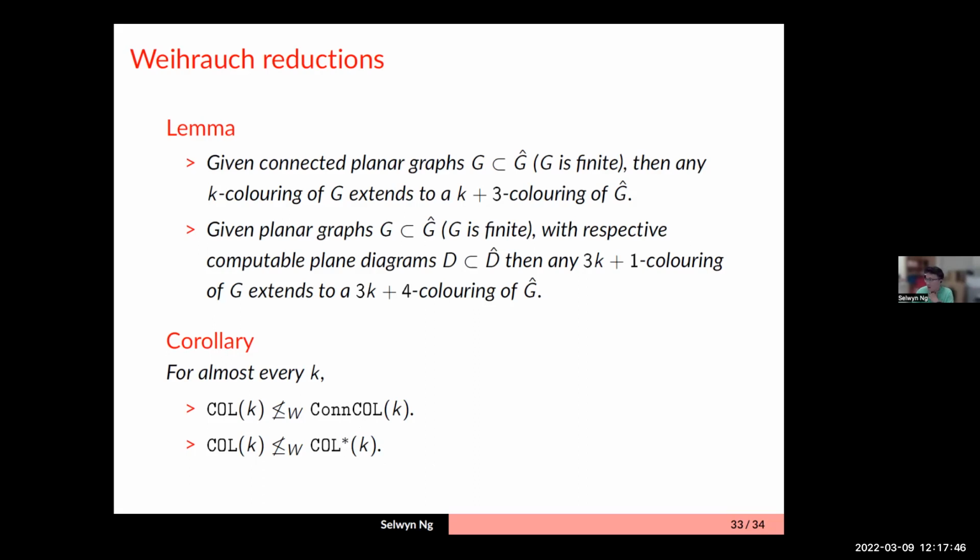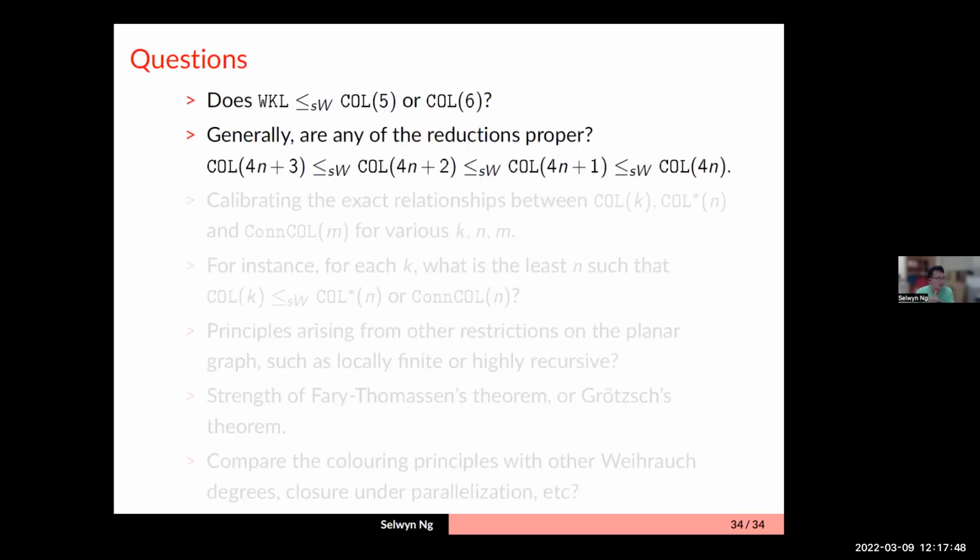Okay, so I'm going to finish with a few remaining questions, and these are all of a slightly technical kind. One interesting question is whether there is a uniform reduction to WKL of the 5-color or the 6-color theorem. We know that for the 7-color theorem it is not possible and for the 4-color theorem it is possible, but we don't know for 5 and 6 whether you could reduce uniformly.